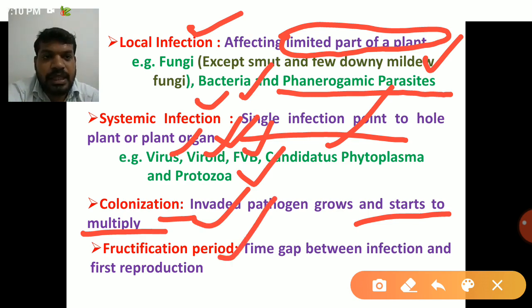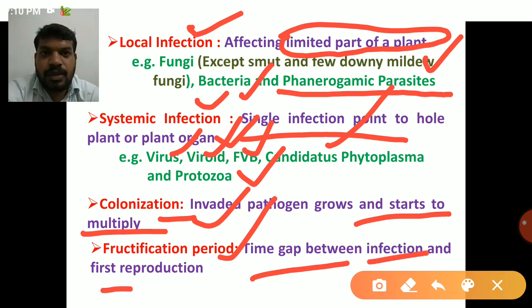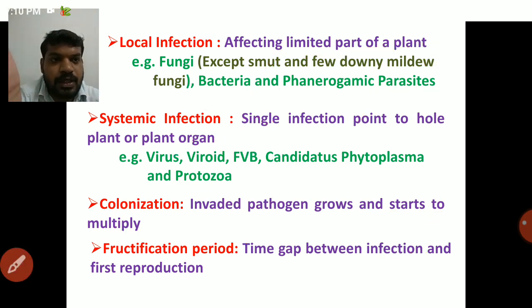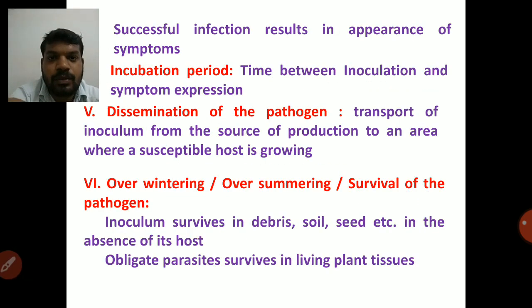Fructification means the time period between infection and first reproduction. So after infection, when the pathogen starts to reproduce, that is the fructification period.